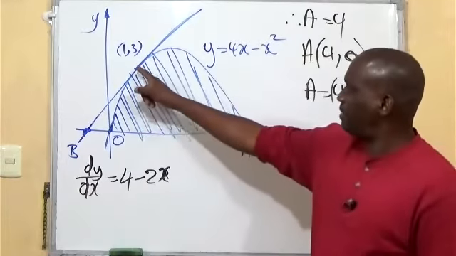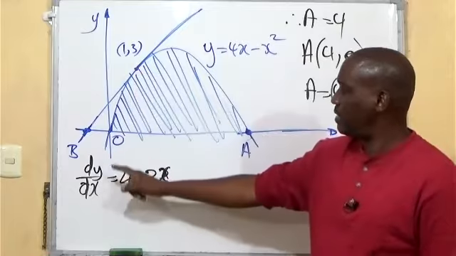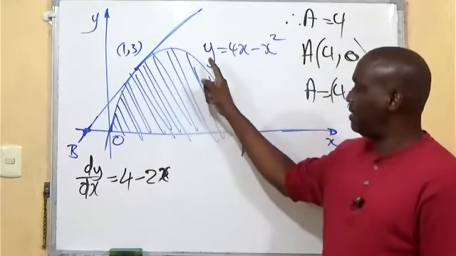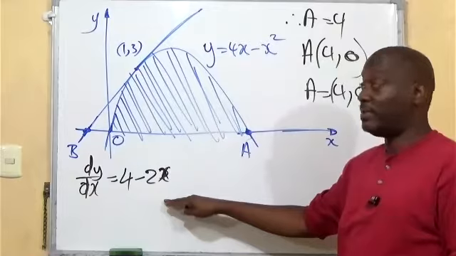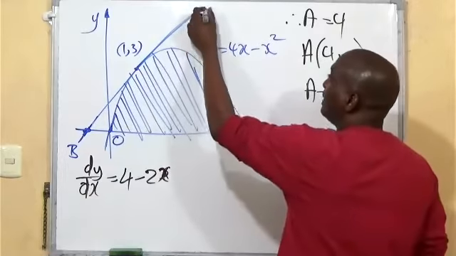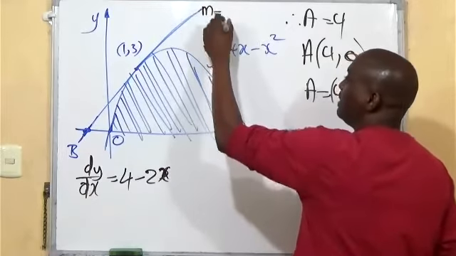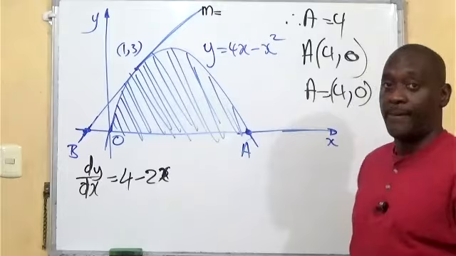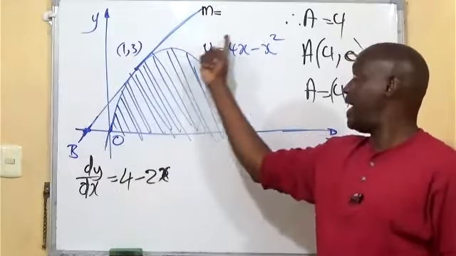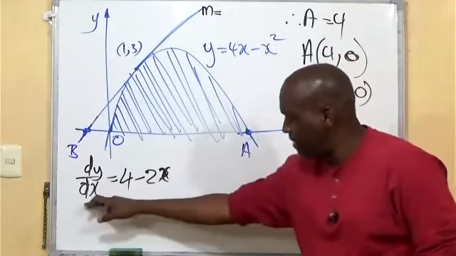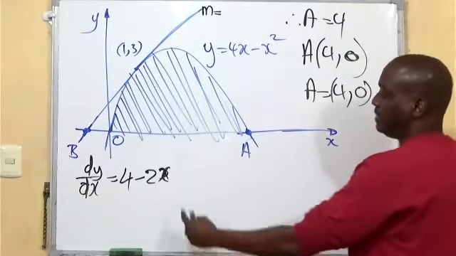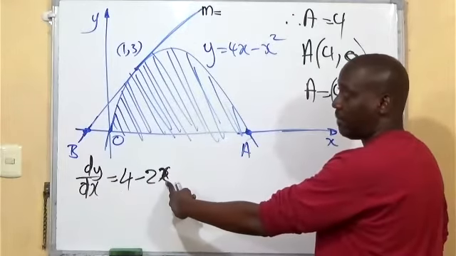At the point 1, 3, the gradient of the curve, we have to use this here. So in other words, the gradient of this line, M, if we were dealing with coordinate geometry in your maths, M is given by the value of this function at x equals 1, right?